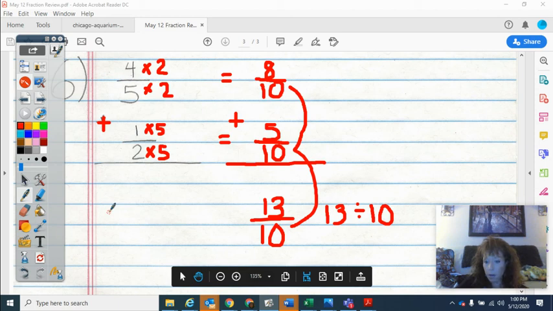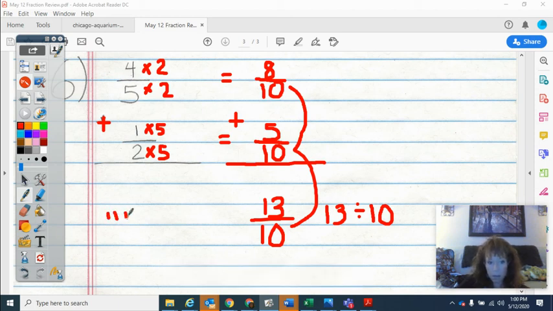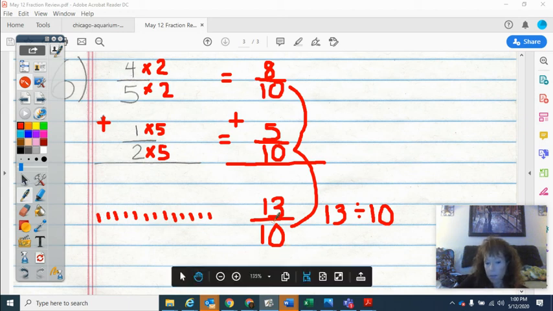I don't know what they are. Balls. 1, 2, 3, 4, 5, 6, 7, 8, 9, 10, 11, 12, 13.